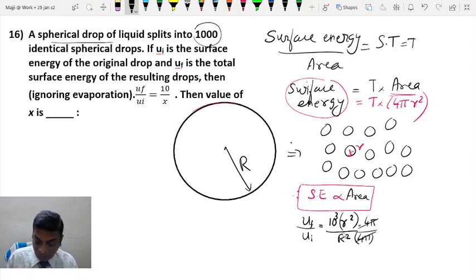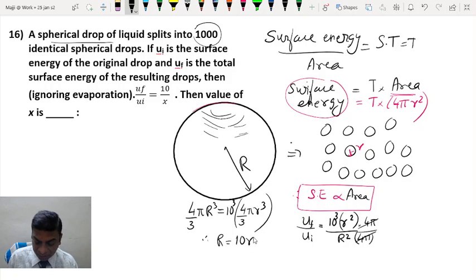Now what is the relationship between the two radii? You can conserve the volume of the liquid. The amount of liquid remains same. So conserving the volume of the liquid, you have 4 by 3 pi R cube is equal to volume of one droplet multiplied by the number of droplets. So extracting the cube root, you have this.